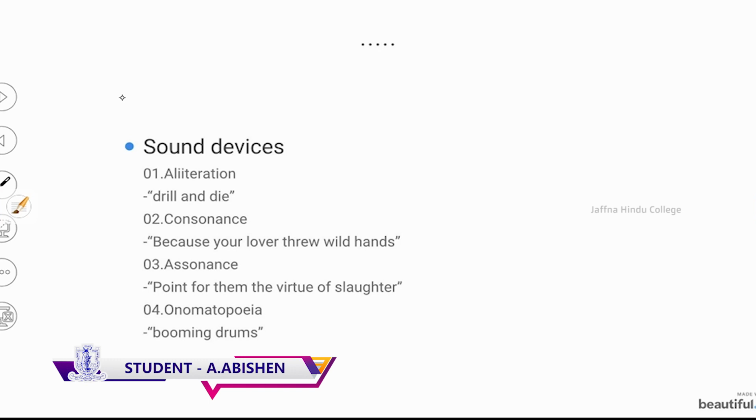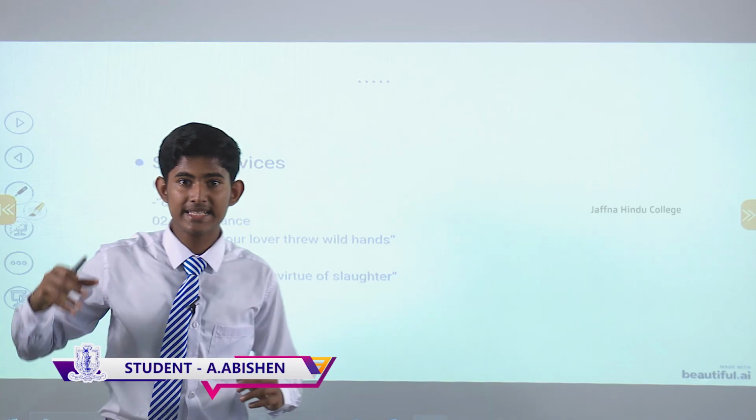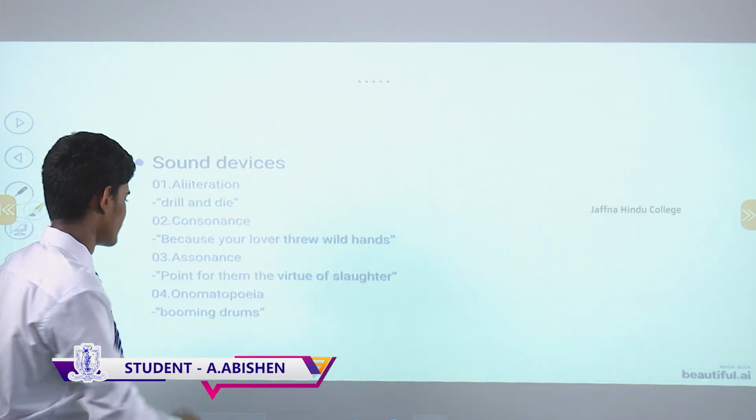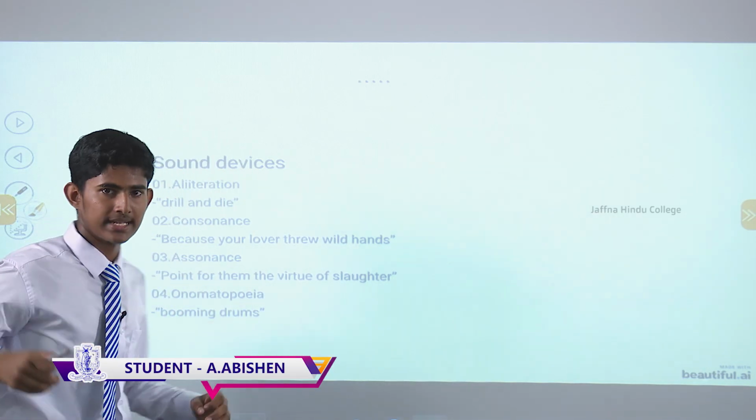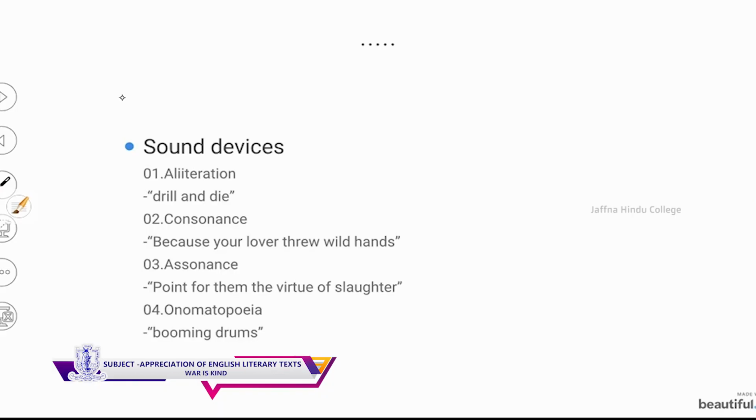The r sound is repeated here. Then the assonance, the vowel sounds are repeated. Point for them the virtue of slaughter, where the o sound is repeated. Then the onomatopoeia makes the sensations in the reader's mind, that is booming drums. We can get a sense about this one.